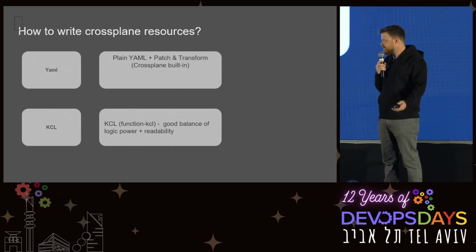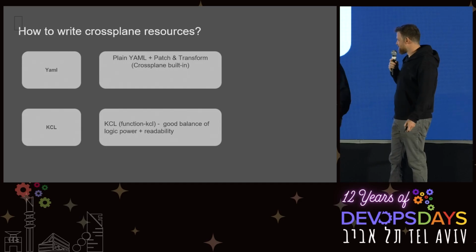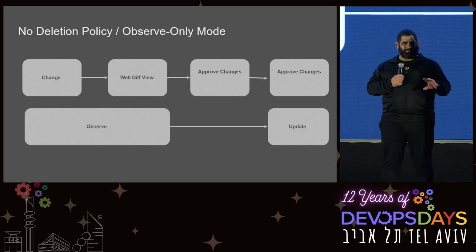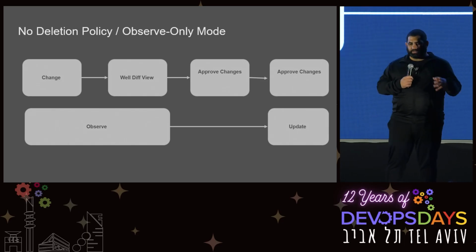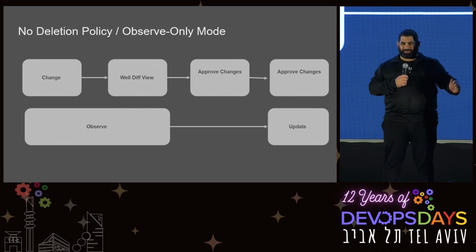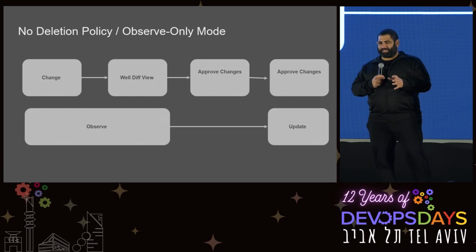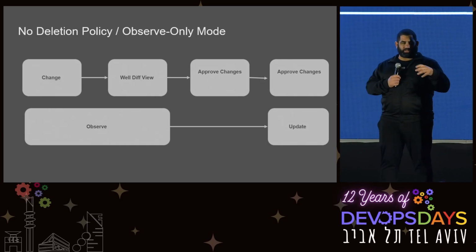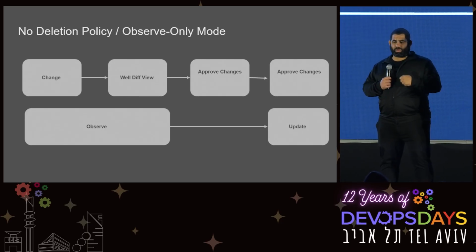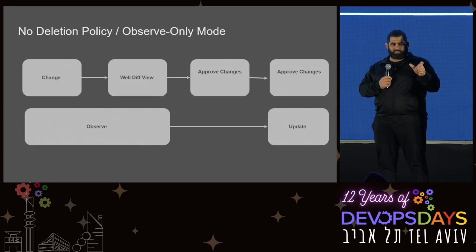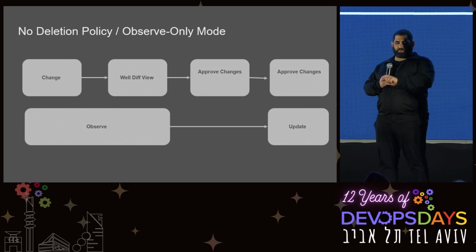But what if someone deletes a resource in the Kubernetes cluster? This is something everyone thinks about, that once you have Crossplane, something terrible can happen. We will also contribute this later to open source. What we did is make sure that for every change, if someone deletes or updates something, behind the scenes it works like Terraform, in observe mode only. You see the change, you see the diff, and you can understand exactly what is going to happen.